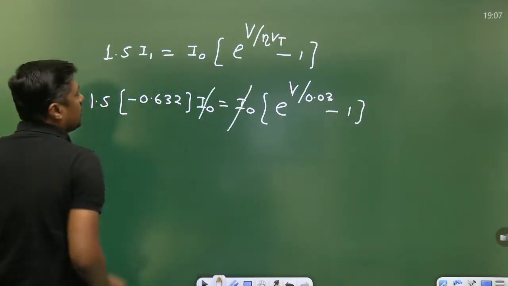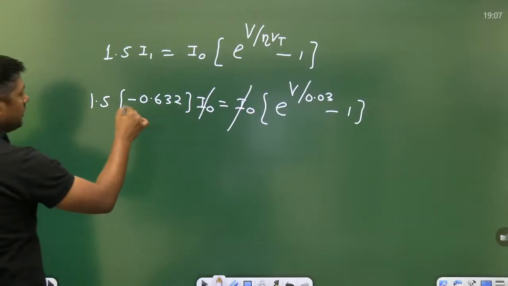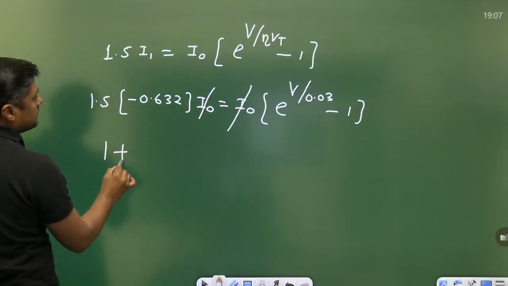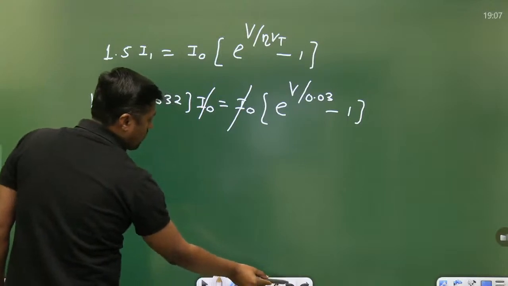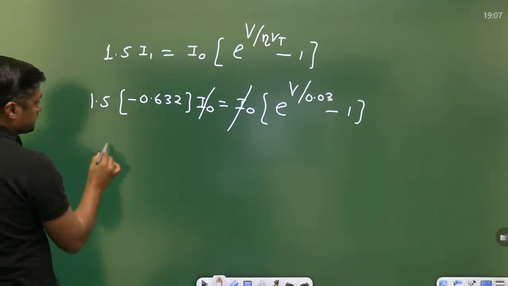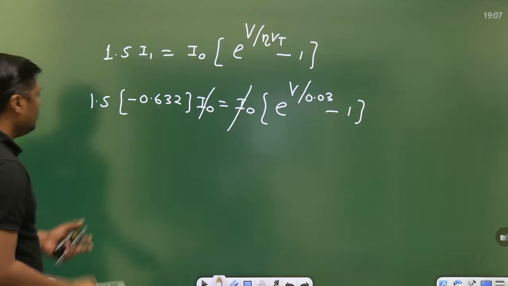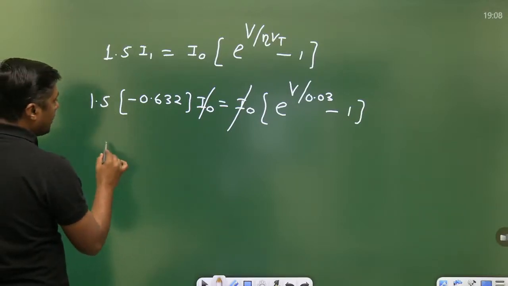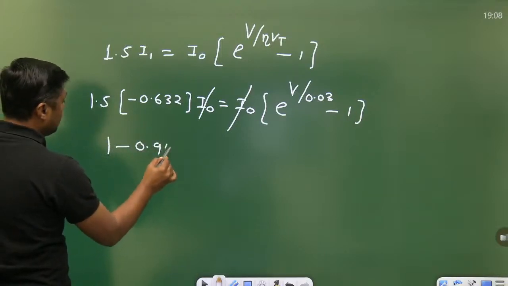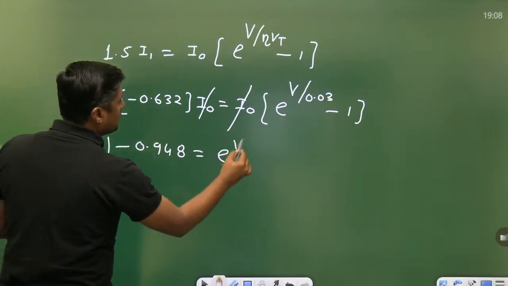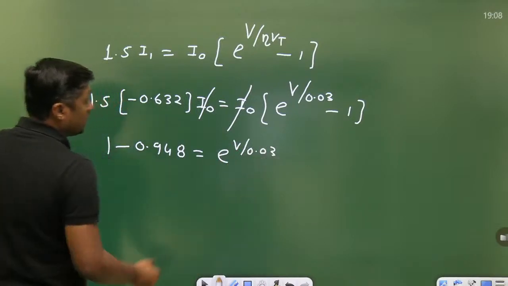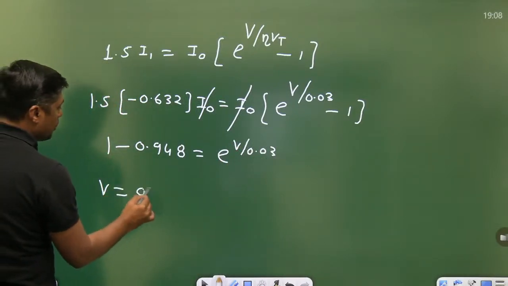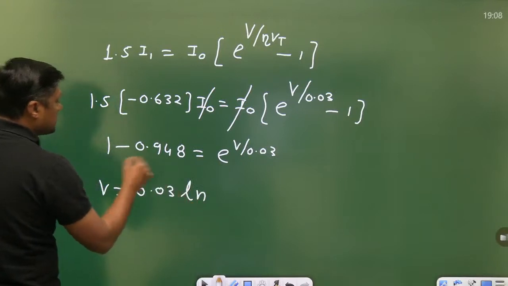This I0 is cancelled out. This one will become plus 1. 1.5 into 0.632 is 0.948. So it will become 1 minus 0.948 is equal to e raised to power V by 0.03. So V is equal to 0.03 log of, what is the difference?